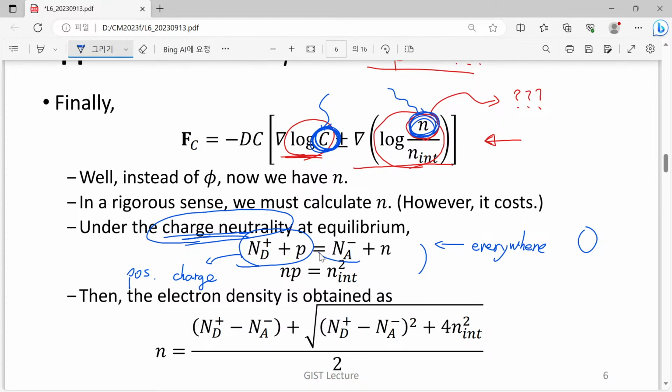And on the right-hand side, you can find the total number of negative charges. So you know that positively ionized donors and also holes contribute to positive charges, and negatively charged acceptor ions and electrons contribute to negative charges.